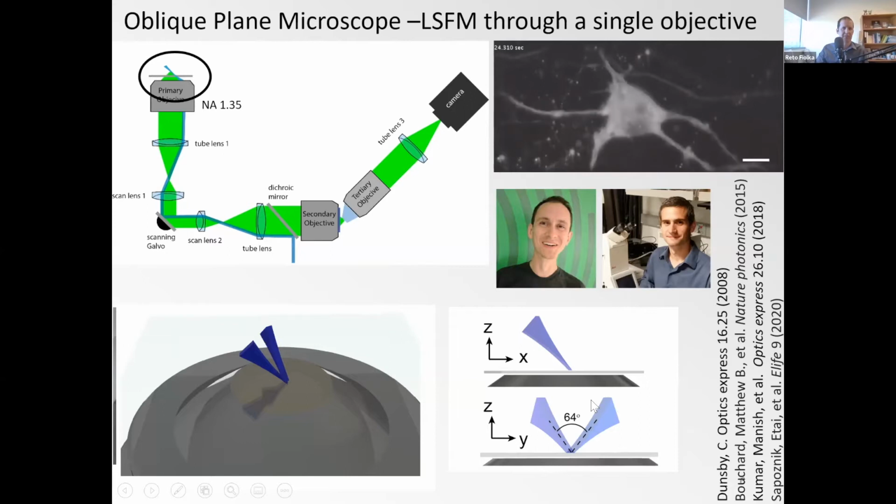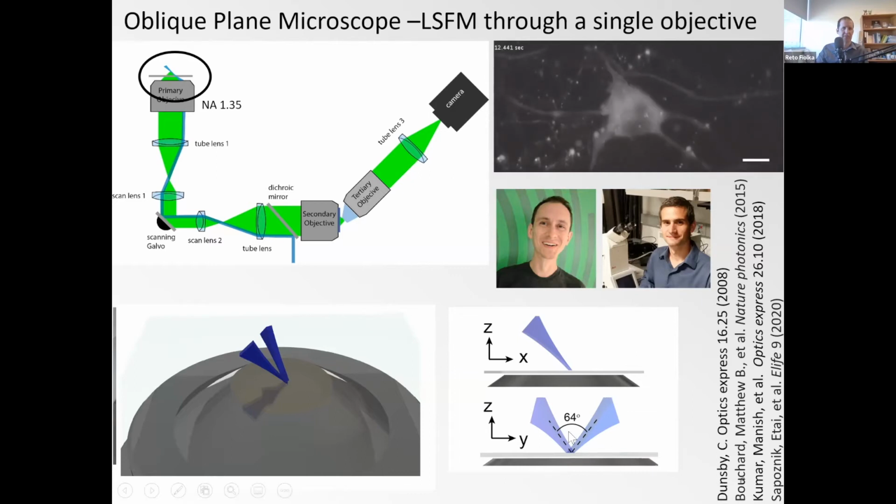You cannot create arbitrarily large angles, but this 64-degree opening angle between the two still corresponds to about NA 0.8. So you can virtually create an interference pattern of these light sheets that is finer than what you could do with the excitation objective in the lattice light sheet.